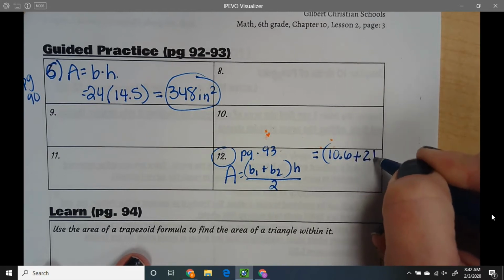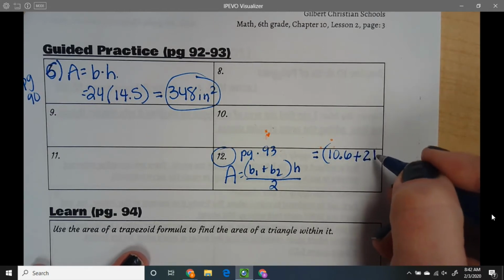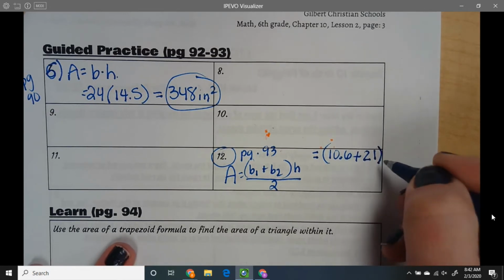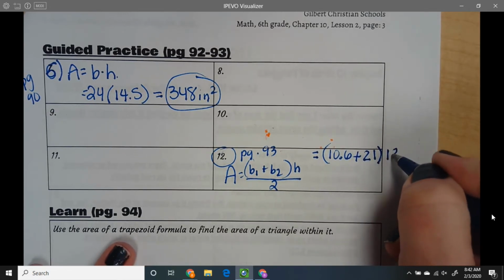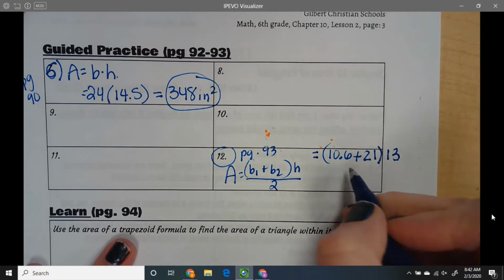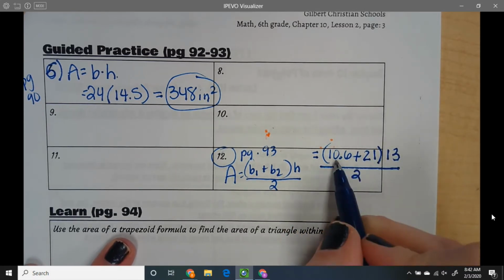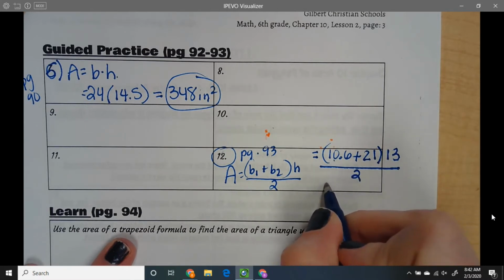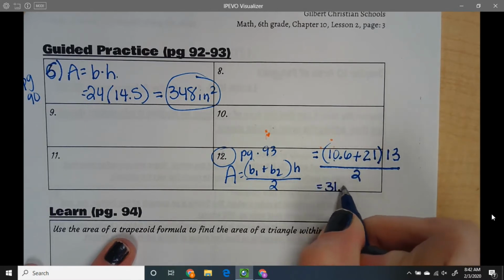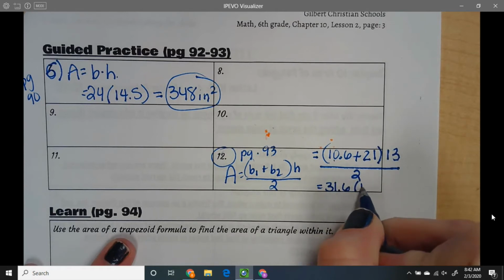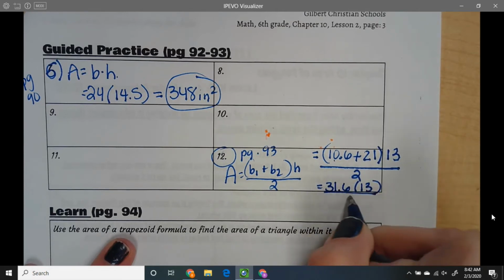Remember, base 1 and base 2 will always be parallel to each other, so you can see the parallel lines they drew for you. And then the height comes off of those bases at a right angle. So the height would be 13, and then we divide by 2.